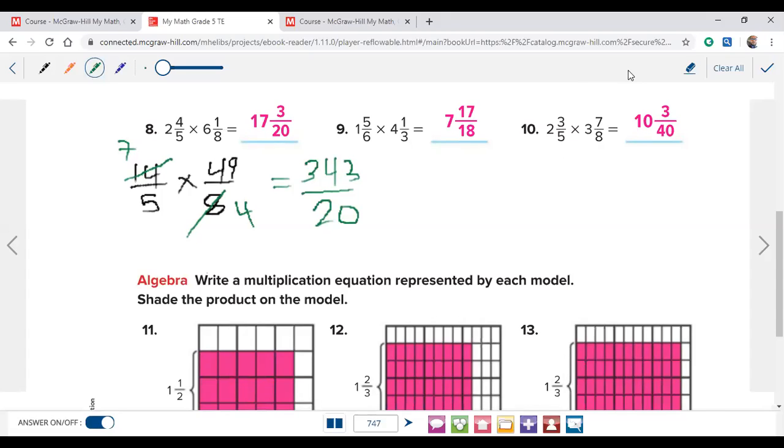I have 2 students raising their hand. Any question? You can chat me. Two students having a problem or question? Can you message me in the chat?